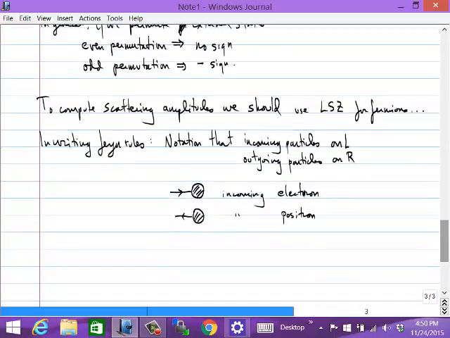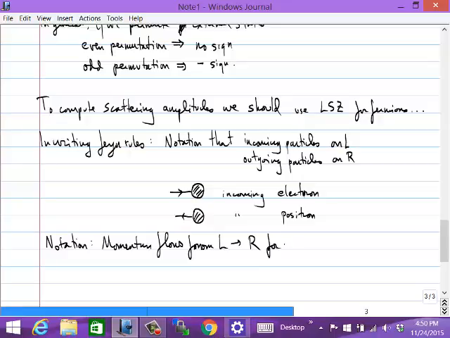Similarly, we'll also use the notation that momentum flows from left to right in the diagram. Certainly this is the most convenient thing to do for external legs.